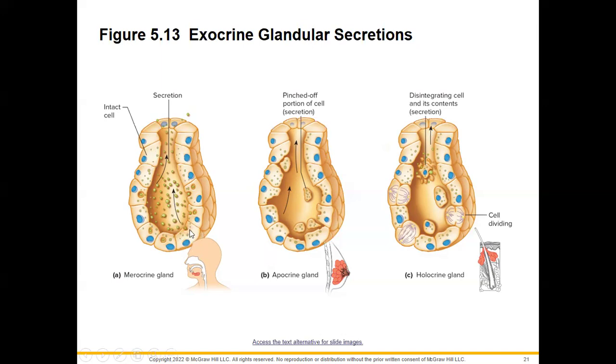So it's just this product that goes into the empty space, and then that goes into the duct, and that can open up into a free surface where this product is then secreted onto the free surface. So exocytosis, product is in the cell, and then that product is pushed toward the edge in a vacuole until it opens up and just spits out that product into that gland.